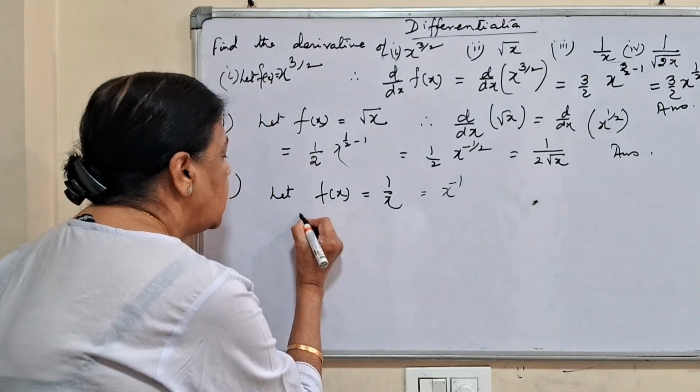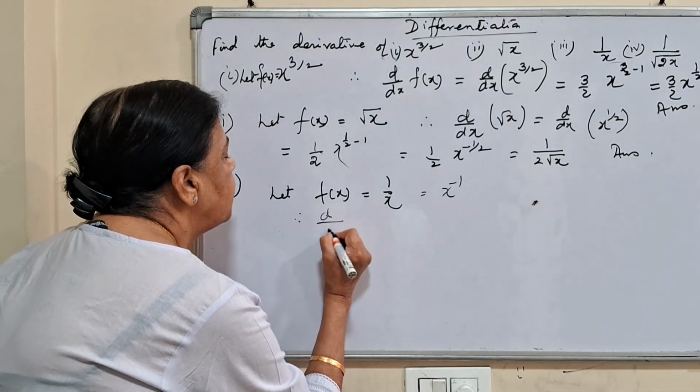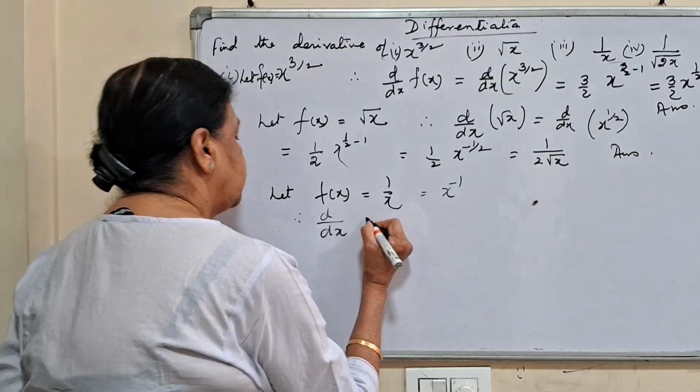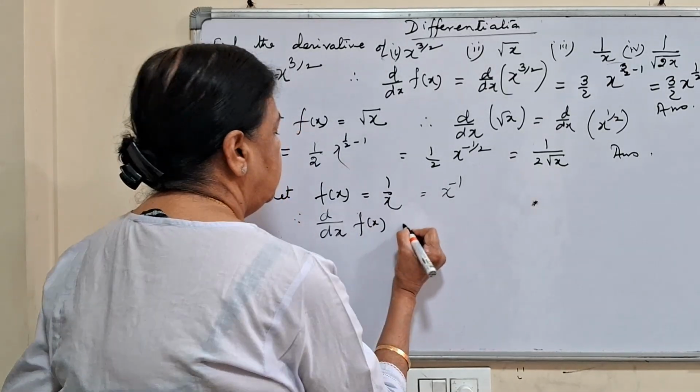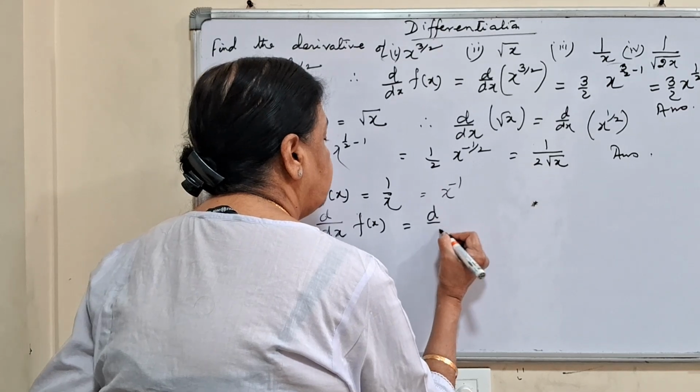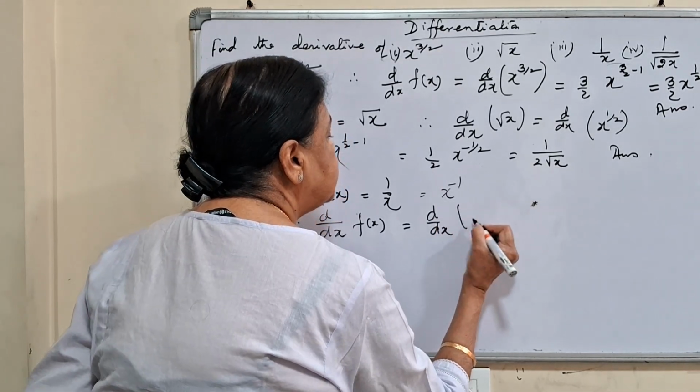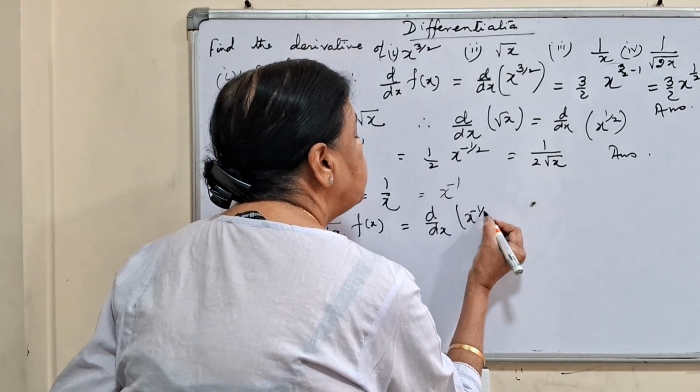Therefore, d/dx of f(x) is equal to d/dx of x raised to the power minus 1.